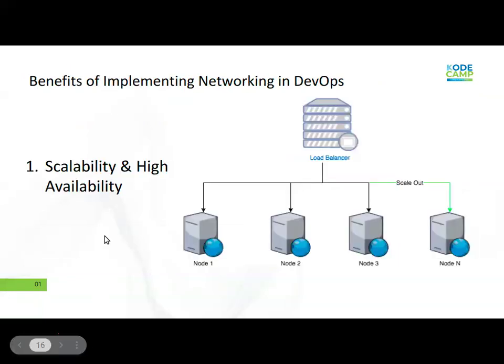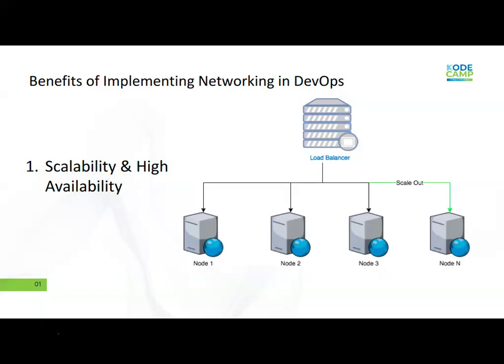Now, benefits of implementing networking in DevOps. Number one, scalability and high availability. Like I said, when you talk about stuff like load balancing, when you're building as a DevOps engineer, you always want to focus on scalability, because you don't want to build something that traffic will hit one day and it will go down.